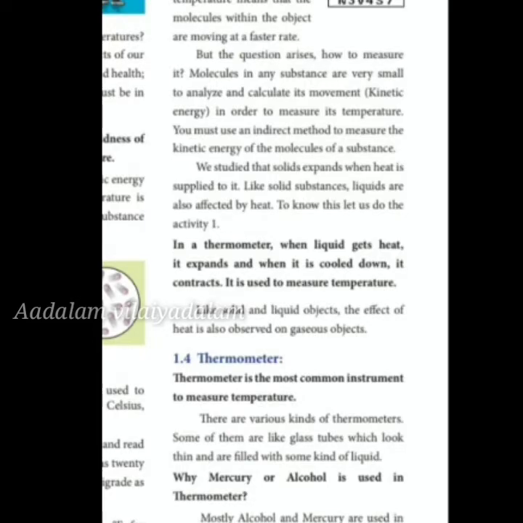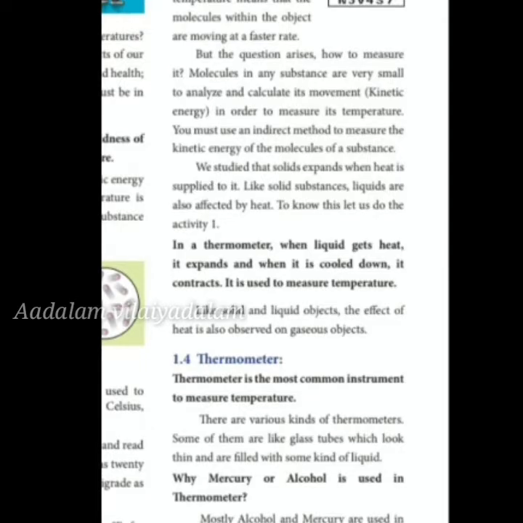We have studied already in your early lessons that when a liquid or a solid is heated, it expands. When a substance expands, it is overheated. If it contracts, it is cooled down.